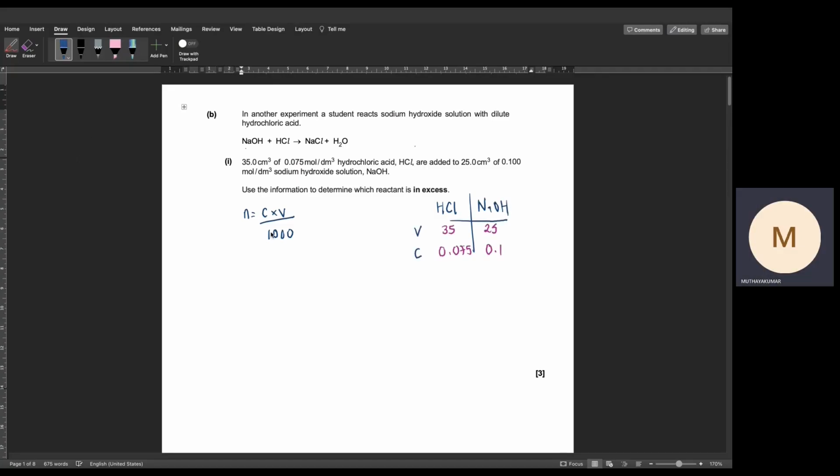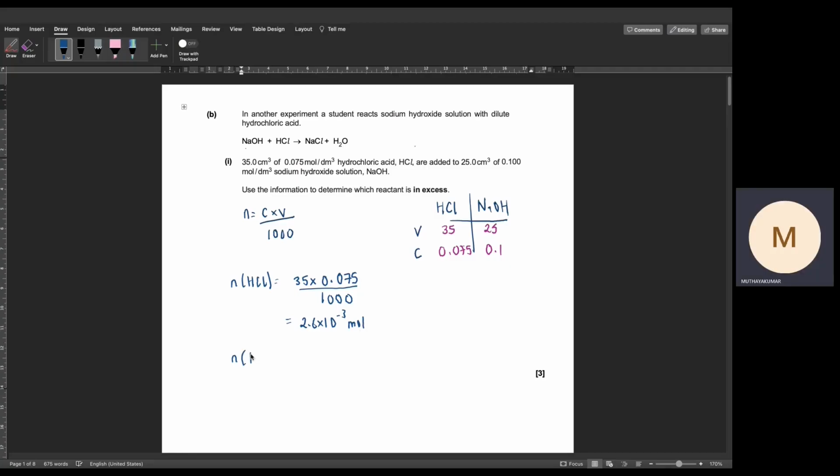Using this equation, the number of moles of HCl will be 35, the volume, multiplied by the concentration 0.075, divided by 1,000, and this will give us 2.6 times 10 to the minus 3 moles of acid.